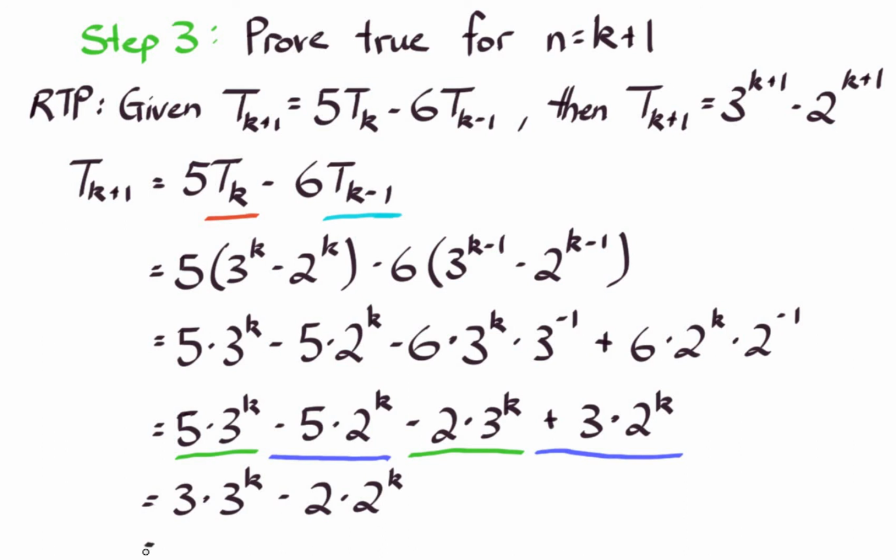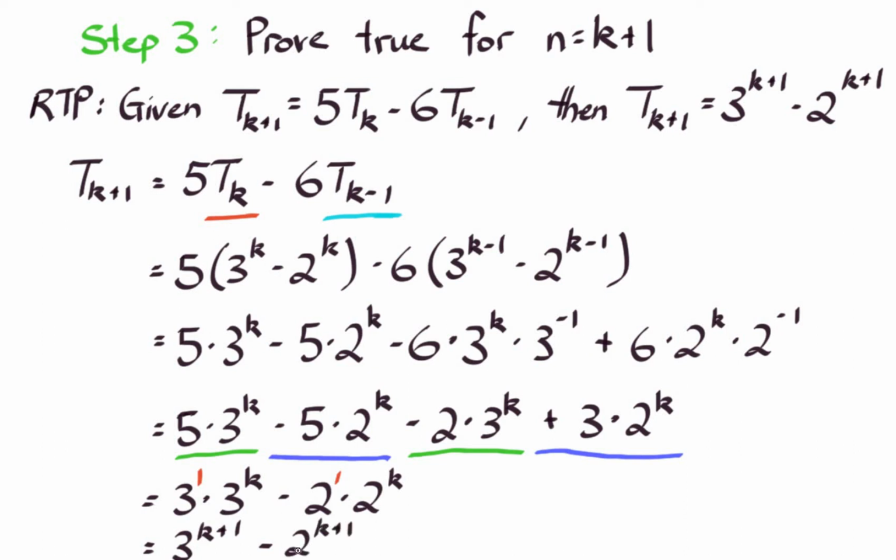And then using our power rule, so same base and powers, we have 3 to the power of 1 times 3 to the power of k. So this gives us 3 to the power of k plus 1. And likewise we have 2 to the power of 1 times 2 to the power of k. So let's add those powers together.